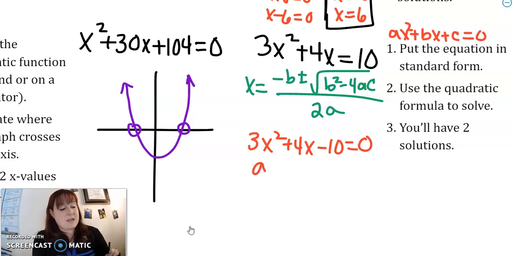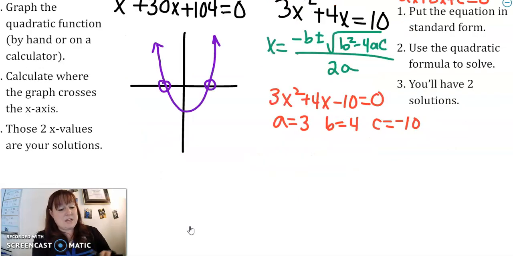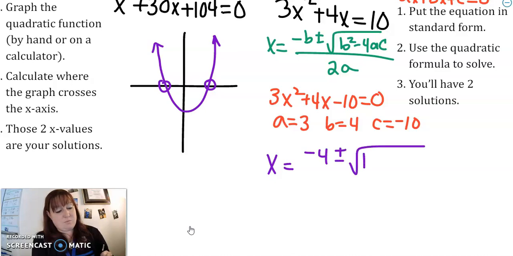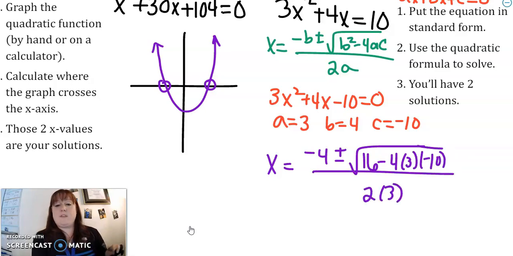That means a equals 3, b equals 4, and c equals negative 10. Then I can just plug it in. The solution is x equals negative b plus or minus the square root of b squared minus 4ac all over 2a. Okay, I just plugged each of those numbers in.